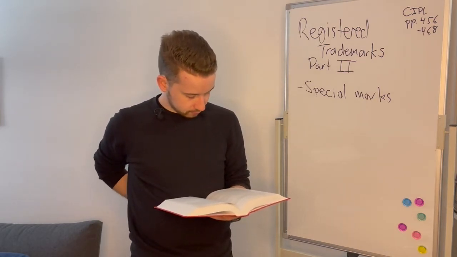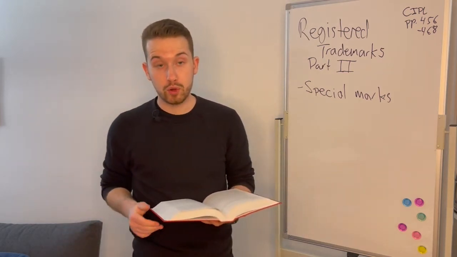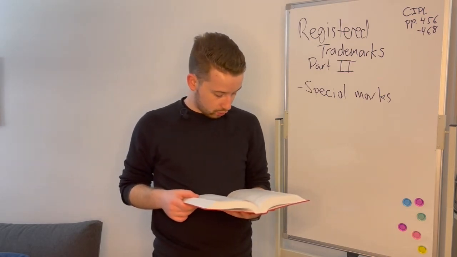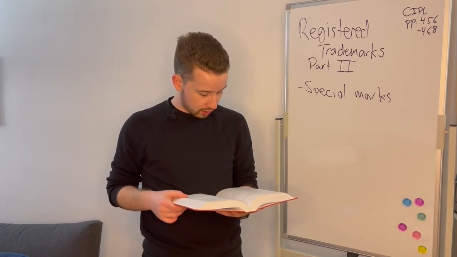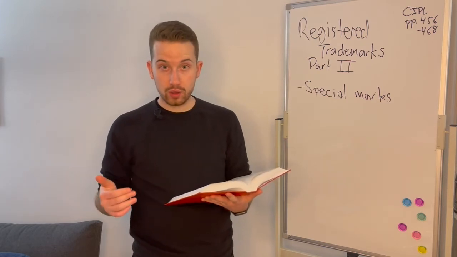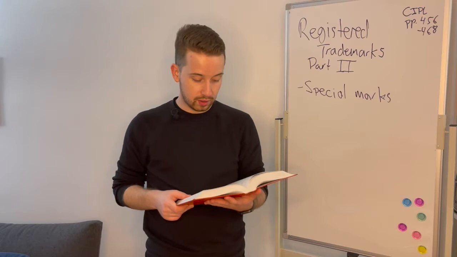So Section 9 of the Trademarks Act says you have a monopoly, right? So it says basically once you have a special mark, it cannot be used or it cannot be adopted, right, under the circumstances that are mentioned there.